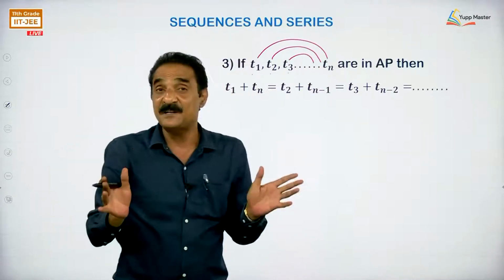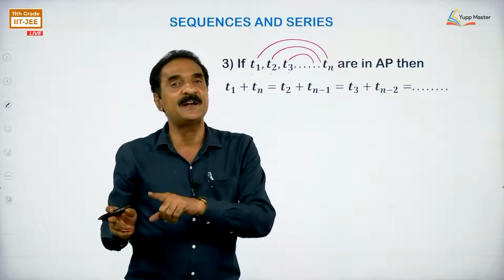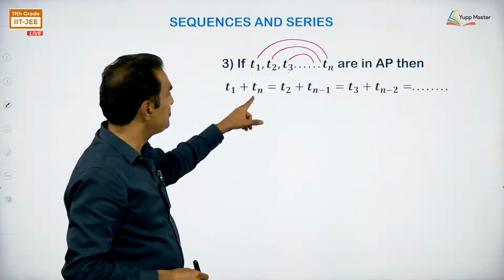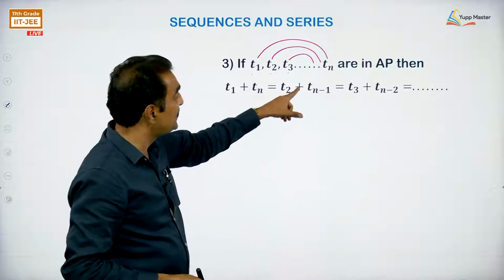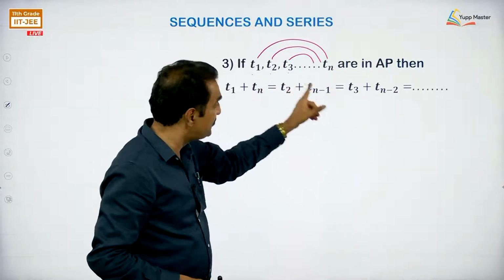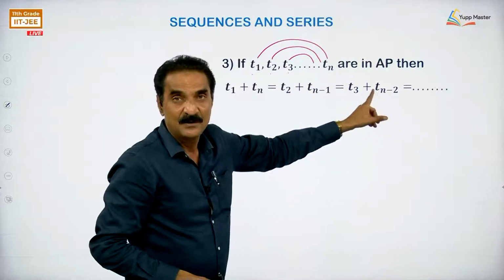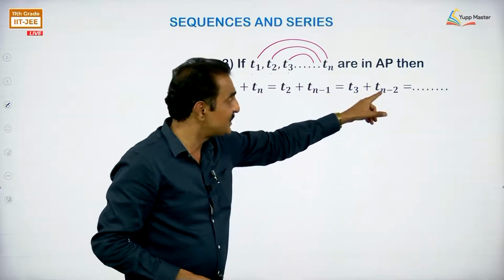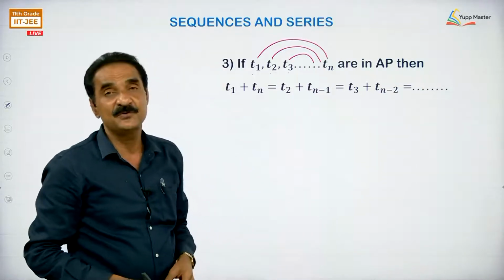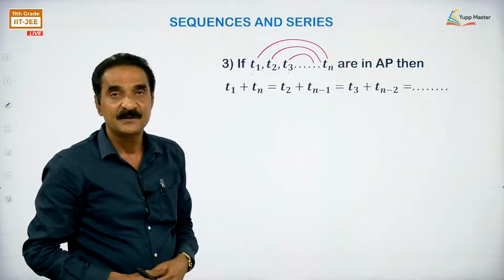So, the sum of the terms equidistant from left and right in any arithmetic progression will be the same. So, T1 plus Tn will be equal to T2 plus Tn minus 1, second from last, is equal to T3 plus Tn minus 2, third term from left plus third term from right, and so on. This is very useful in calculations in this chapter.